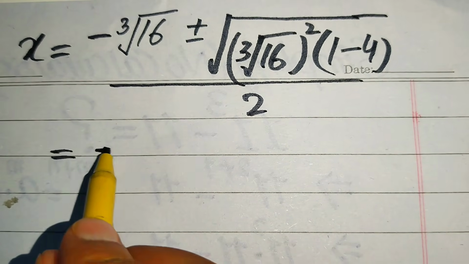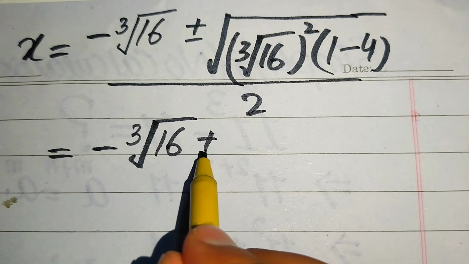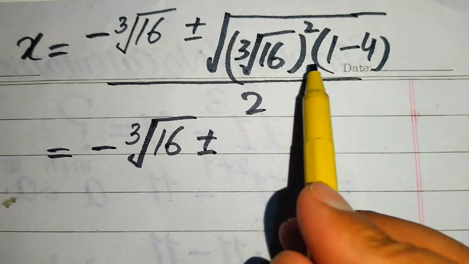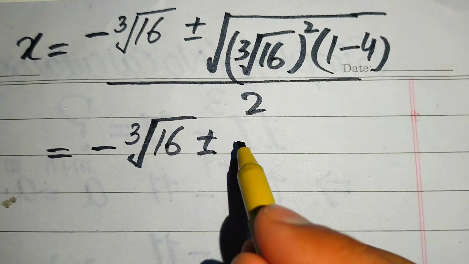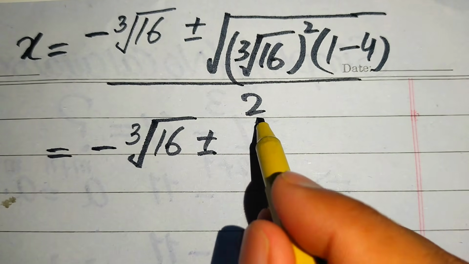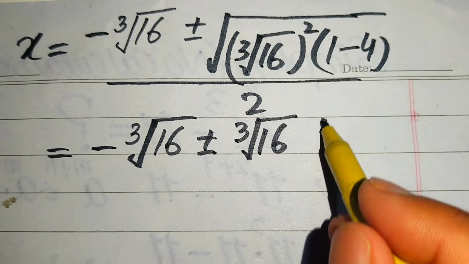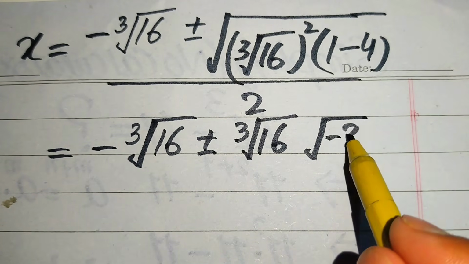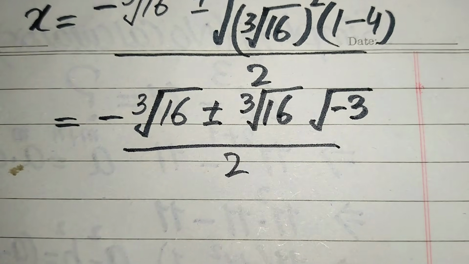And in the next step we need more simplifications here. We have minus cube root of 16 plus minus, here when we apply this square root sign separately on both of these two values, this 2 and this square root are cancelled out by each other, and we get the remaining values are cube root of 16 into square root of 1 minus 4, 1 minus 4 becomes minus 3 and it is divided by 2.